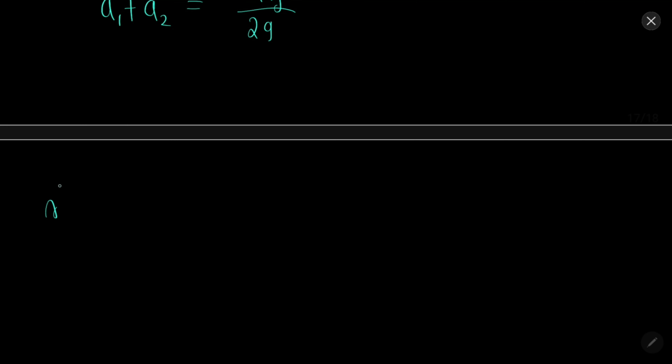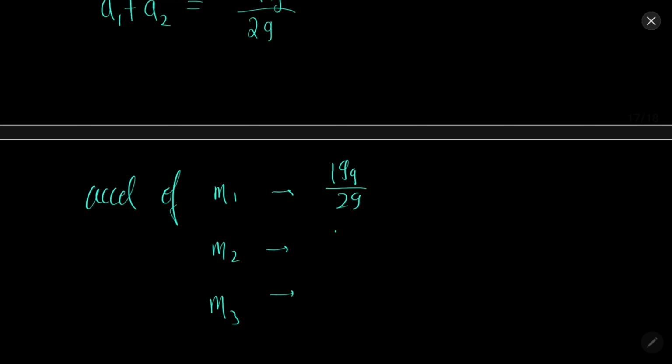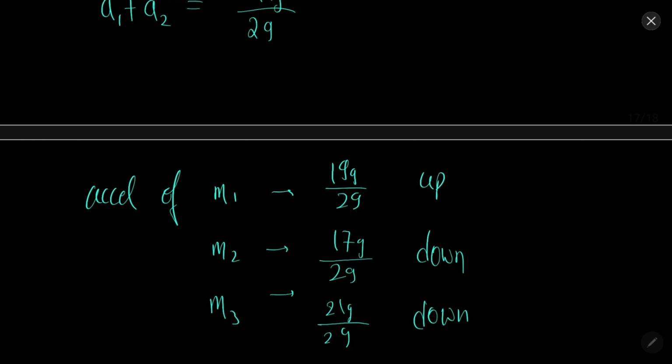So ultimately accelerations of m1, m2, m3 are 19g over 29, 17g over 29, 21g over 29, but this is up and these are down.